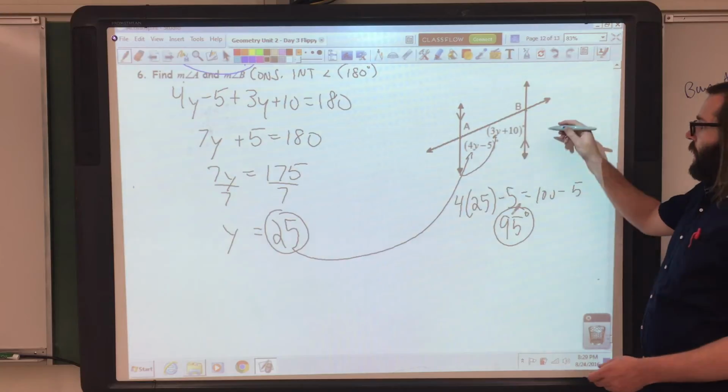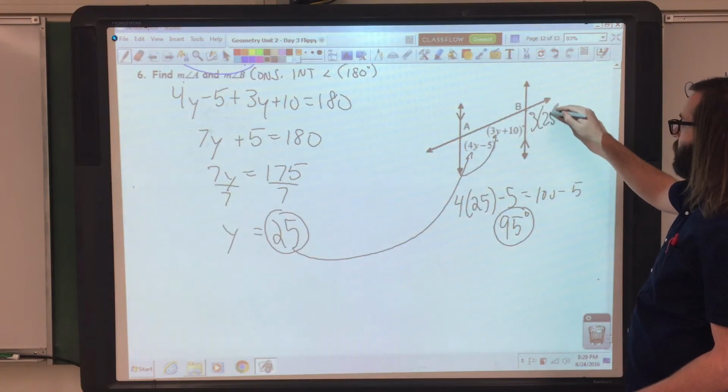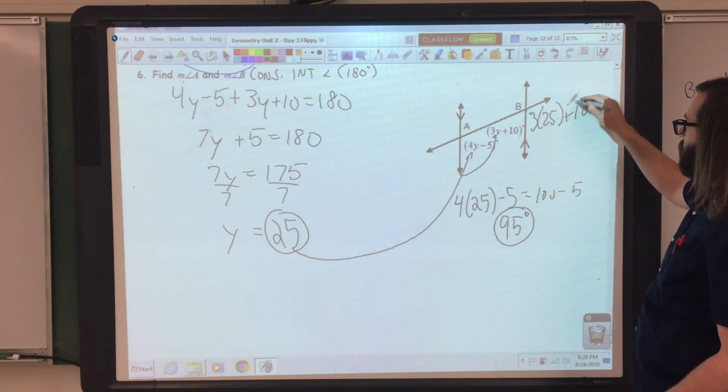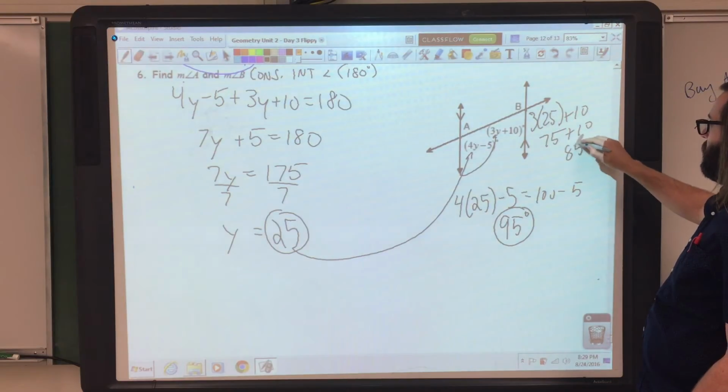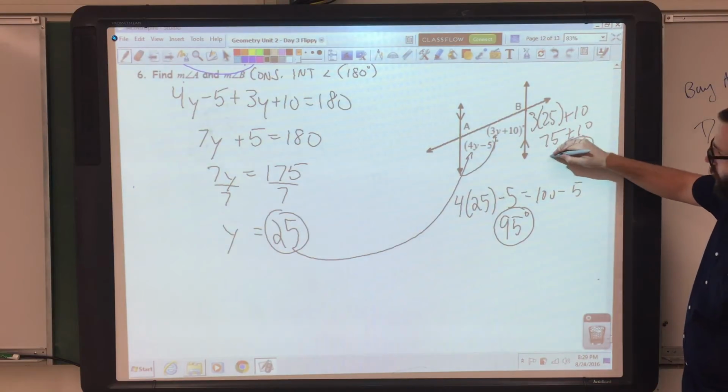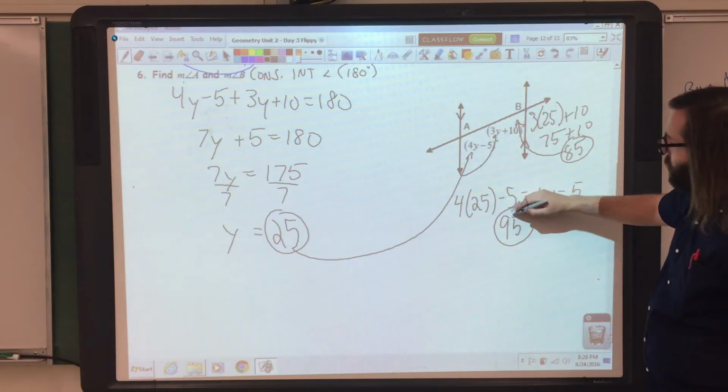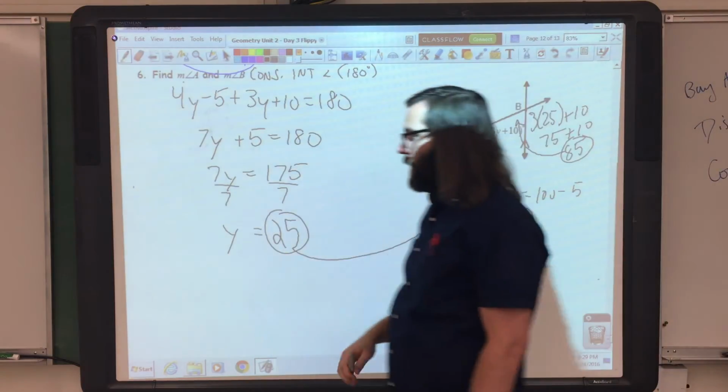Let's plug it in here. We have 3 times 25 plus 10, which is really 75 plus 10, which is 85. So 85 is here. 95 is that angle.